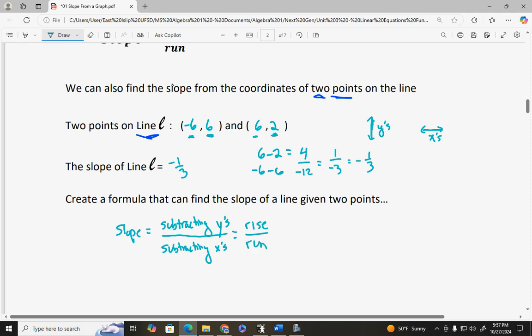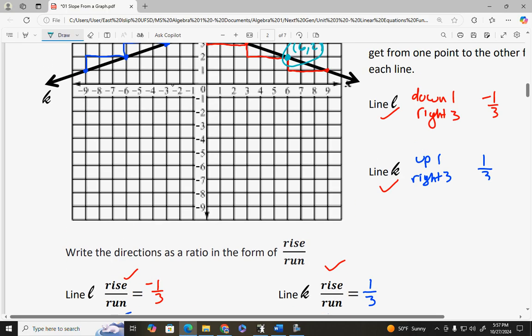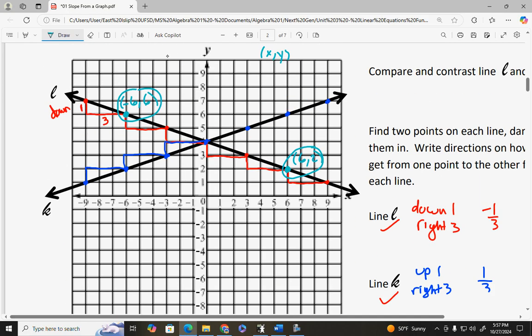I actually do want to go back up to that graph for a second and look at those 2 points and show you the number of boxes in between. If I drew a big step from one point to the next, using the 2 points I chose, you can see this is 1, 2, 3, 4 boxes over here.